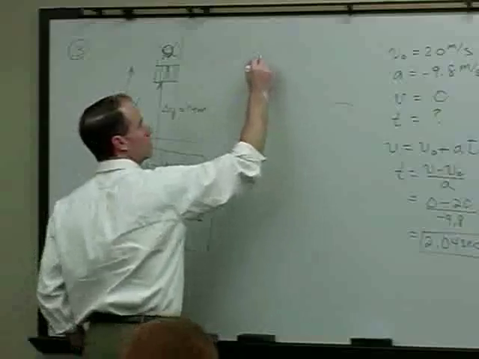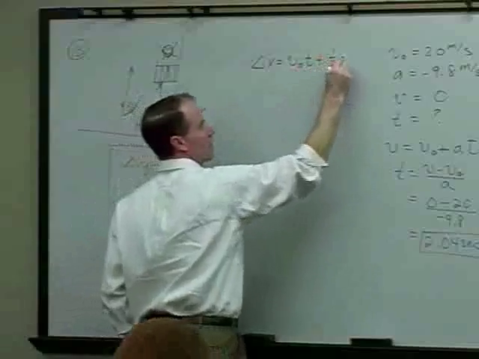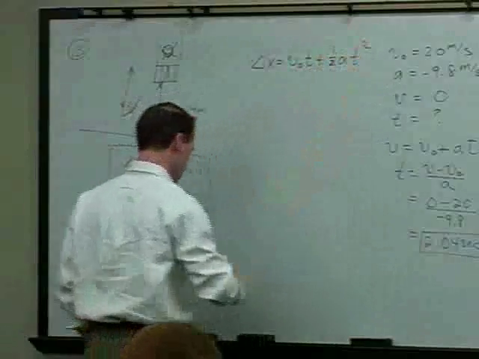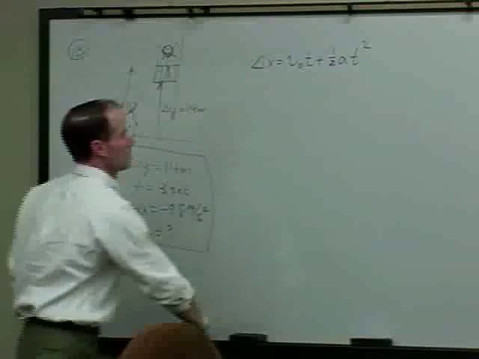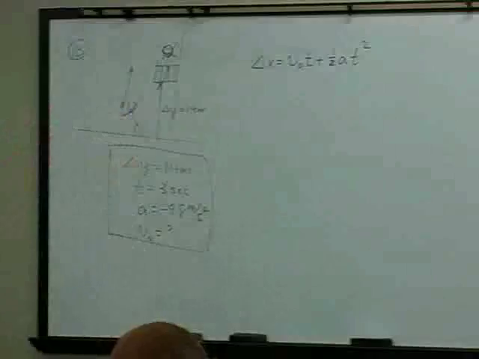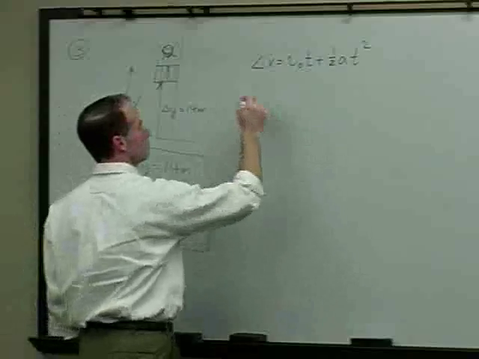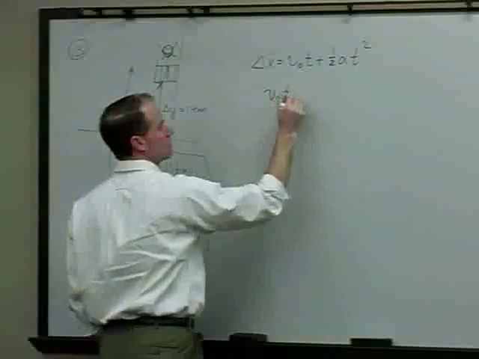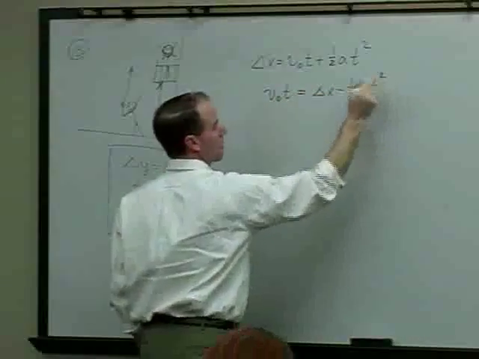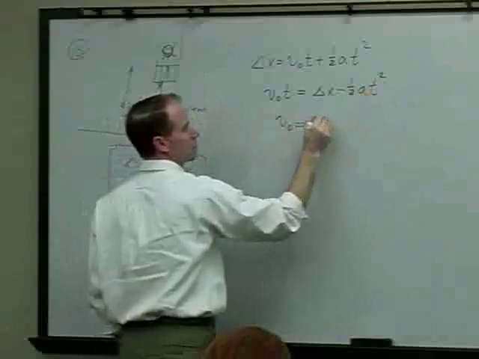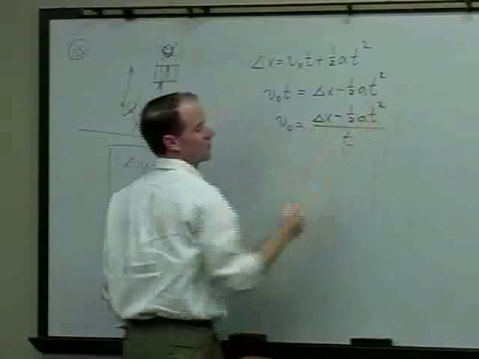We have displacement equals initial velocity times time plus 1/2 acceleration times time squared. We want to solve this for initial velocity. So we have initial velocity times time is equal to displacement minus 1/2 acceleration times time squared. Our initial velocity is displacement minus 1/2 acceleration times time squared, divided by time.